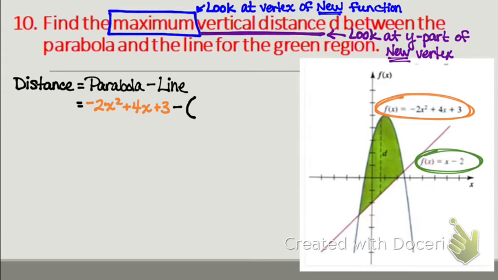So I'm going to have parentheses before I write down x minus 2. So I'm going to distribute that negative. So I have minus x plus 2.